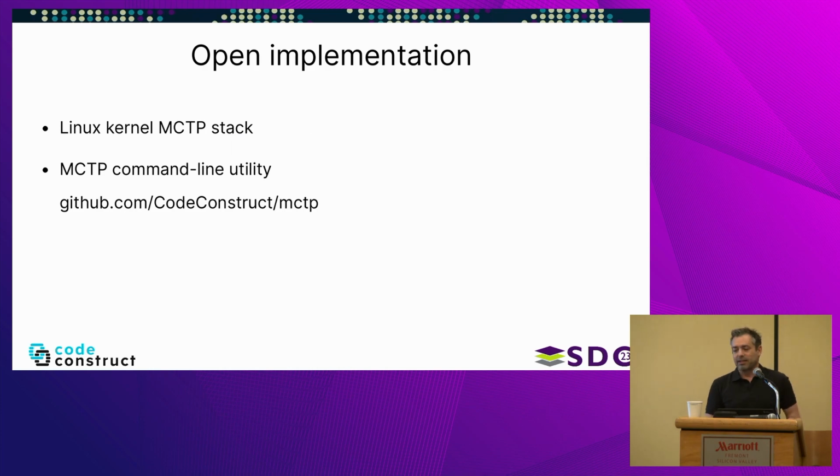So there is an open implementation of MCTP, all upstream at the moment. We wrote kernel-level network protocol support into Linux. So we can treat that basically as a socket interface.